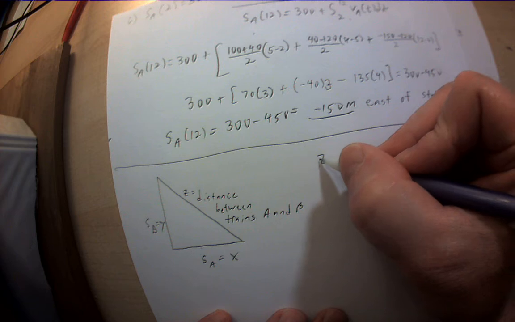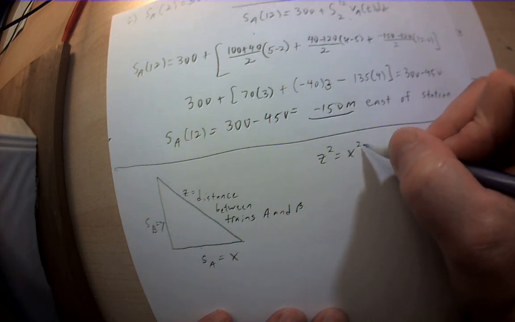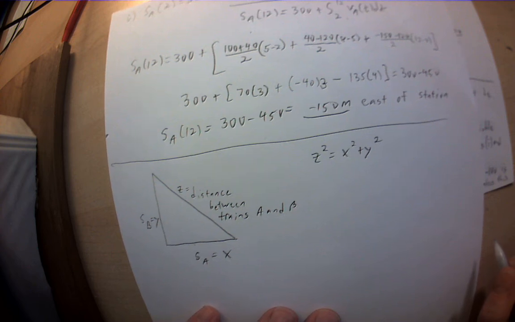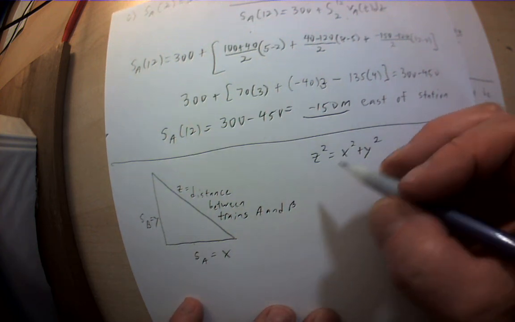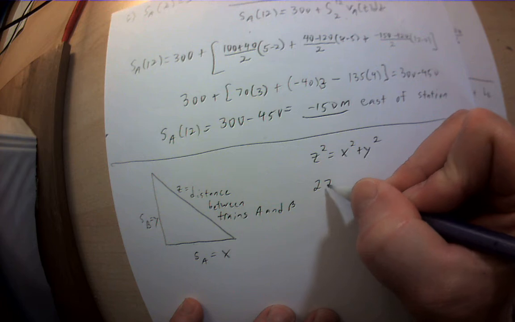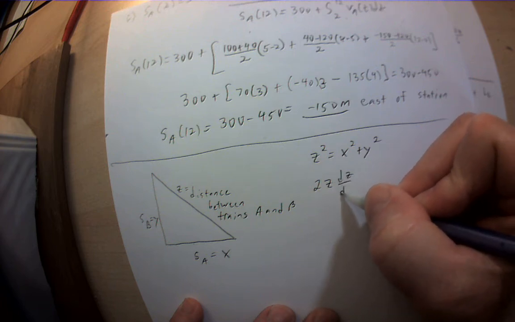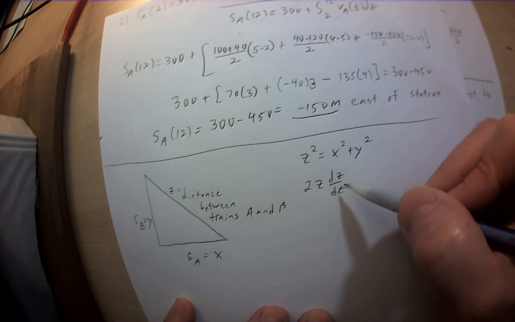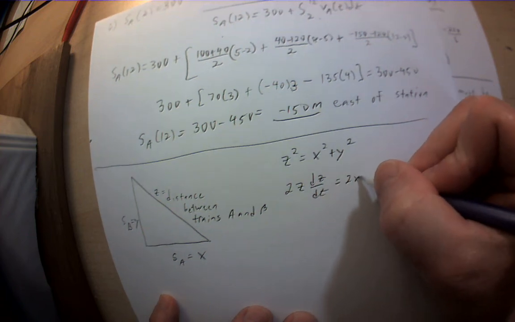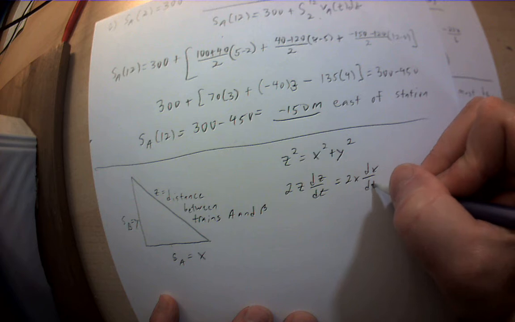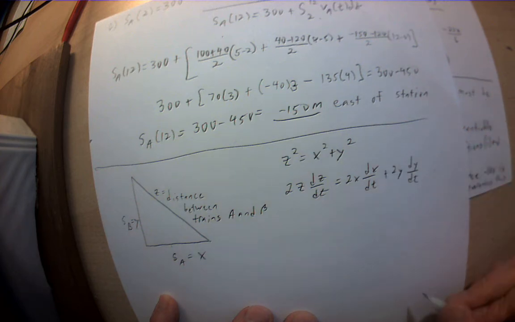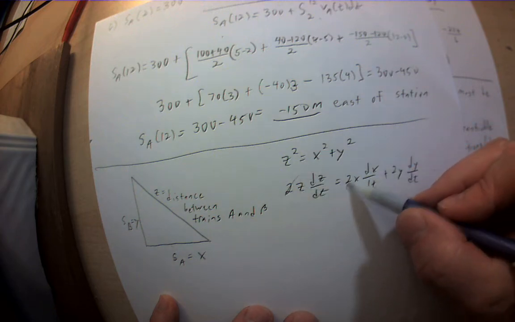So I've got z squared equals x squared plus y squared. It's a related rate, so I'm going to have to take the derivative of everybody with respect to time. It's 2z dz/dt. I take the derivative of the first term, but I also have to take the derivative of z with respect to time, equals 2x dx/dt plus 2y dy/dt. Everybody's got a 2, so I can cancel that.